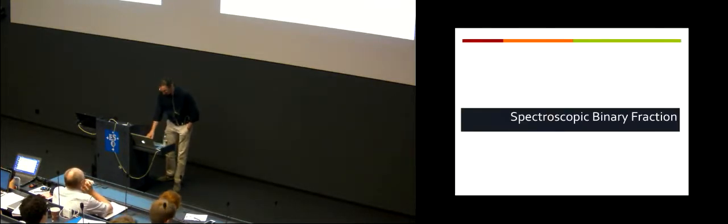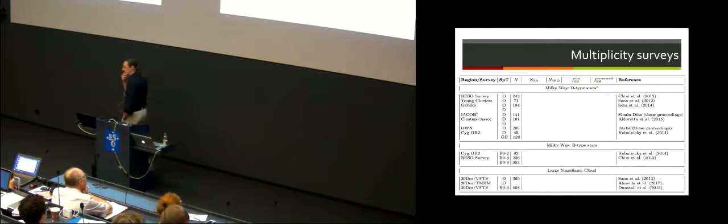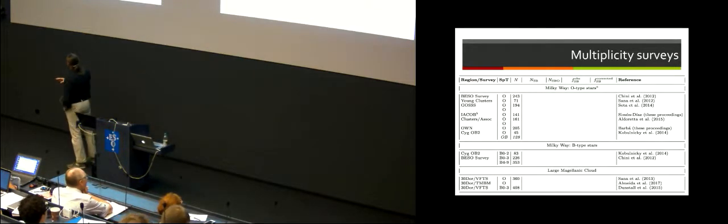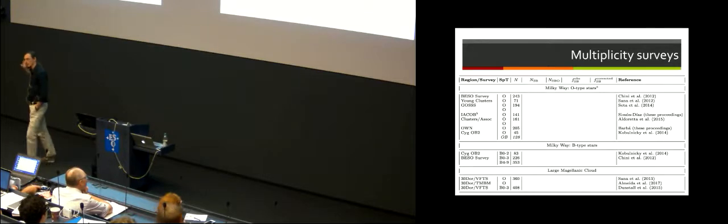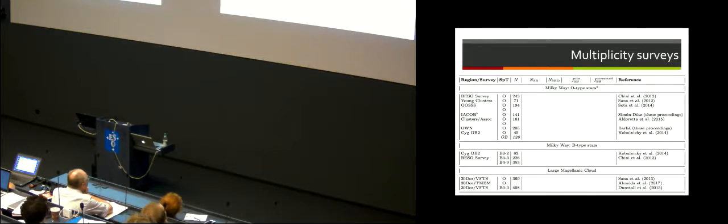So I've been compiling the multiplicity surveys, just doing spectroscopy over the last 5 years, and I come up with this ugly table. I will have a more visual way to present this table in the next slide. I just want to draw the attention that, as I said, the number of surveys focusing on the O stars is much larger than for the B stars, because the O stars are easier to observe.